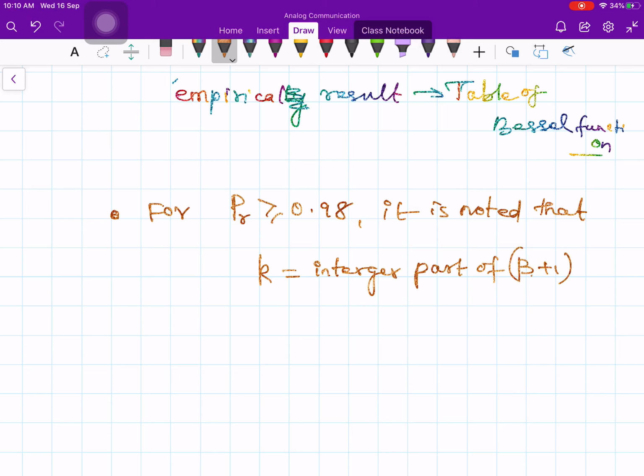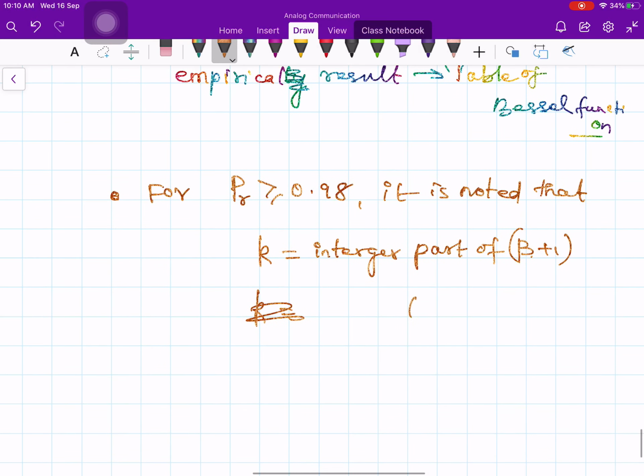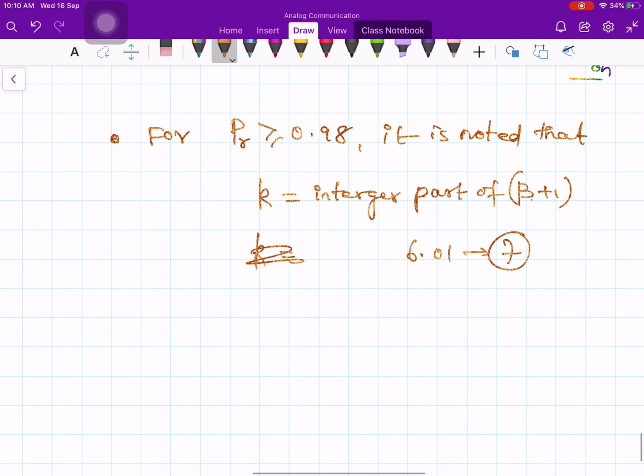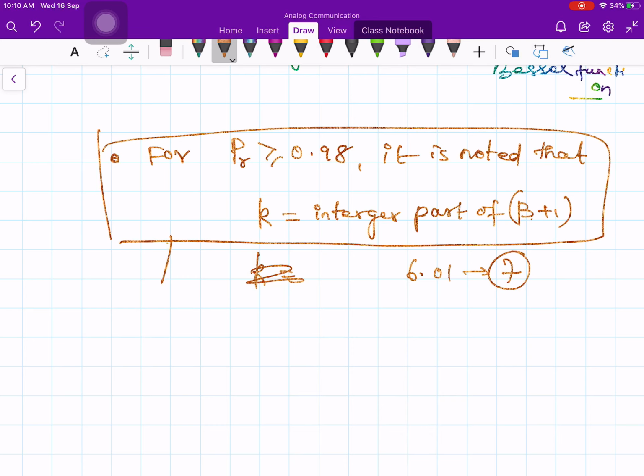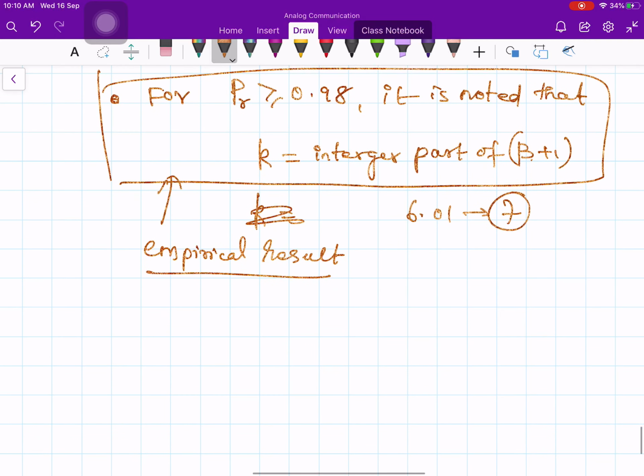That means k is rounded off, the integer part of beta plus 1. If you take 6.01, then you take it as 7, that's it. So this is the empirical result. I think no need to explain the meaning of empirical. So this is an empirical result.